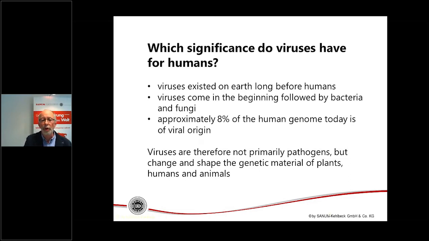From a scientific point of view, viruses have helped to shape mankind. Approximately 8% of the human genome today is of viral origin. Viruses are therefore not primarily pathogens, but change and shape the genetic material of plants, humans, and animals.